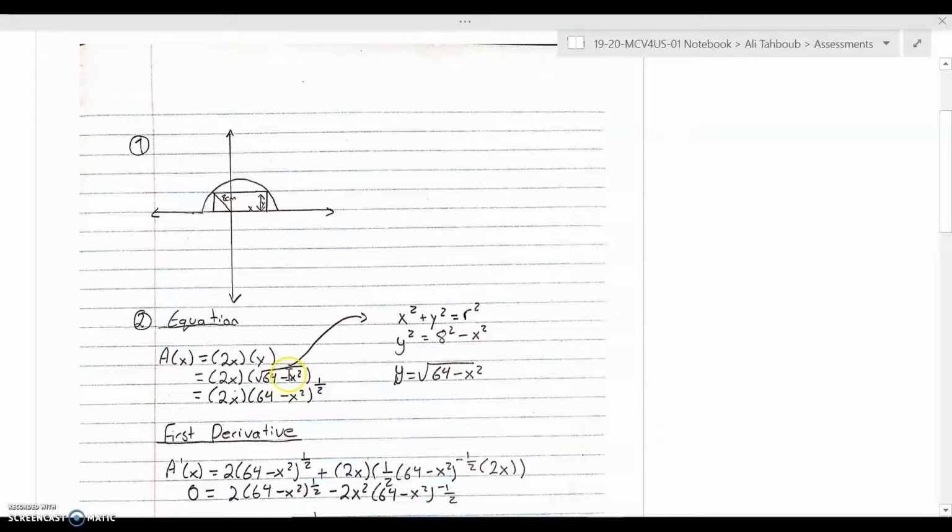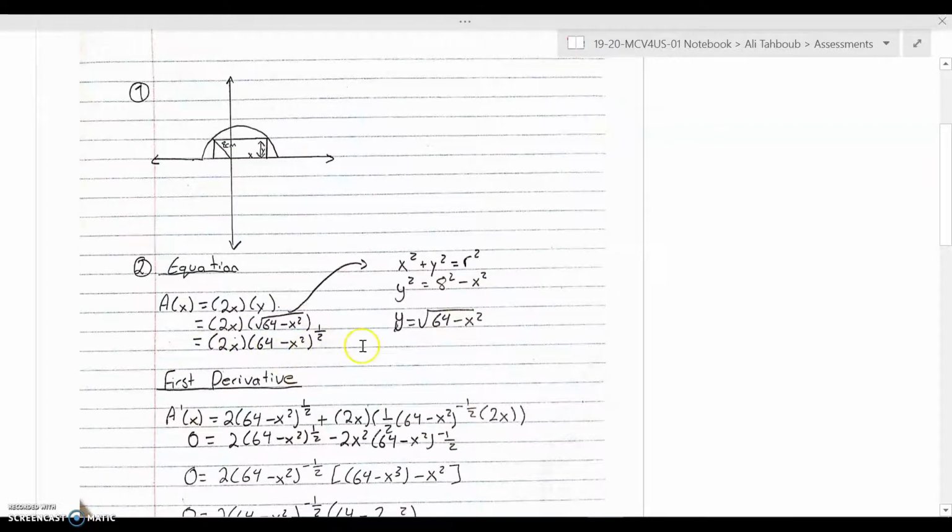I found this by using the equation of a circle, plugging in the 8 that we know for r, and solving for what y would be, representing y in terms of x instead of it being y by itself. That way we can now solve for the variables. So this is the final equation that I had to represent the area of the rectangle.